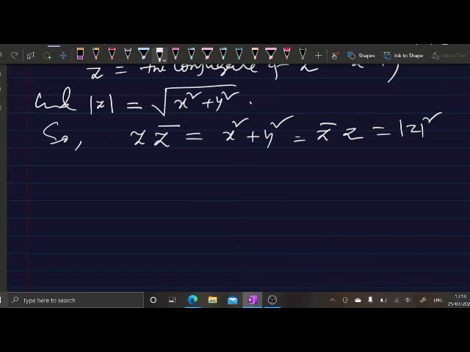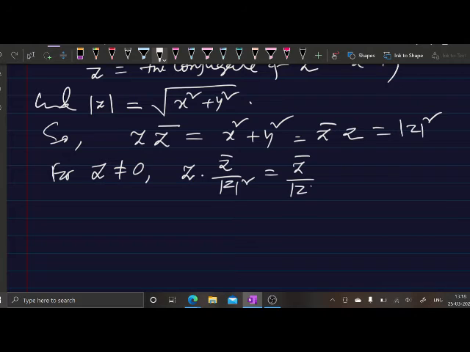Now for z not equal to 0, if you consider non-zero complex numbers, then z dot z bar by mod z square equals z bar by mod z square dot z, which must be 1. So for every non-zero z you have a multiplicative inverse. What is the inverse of z? Z bar by mod z square.